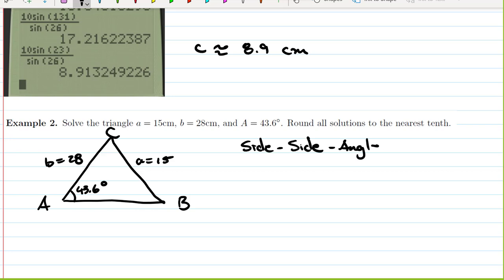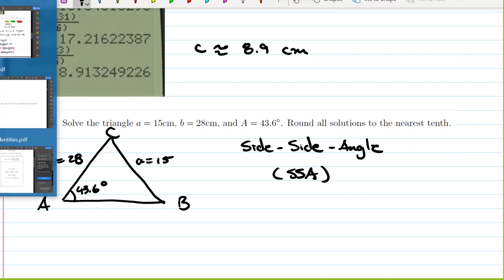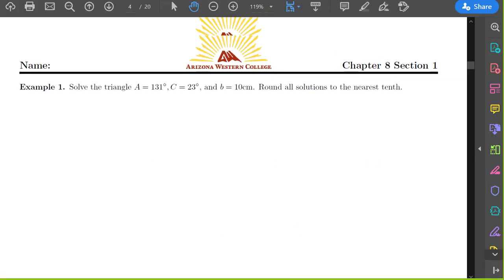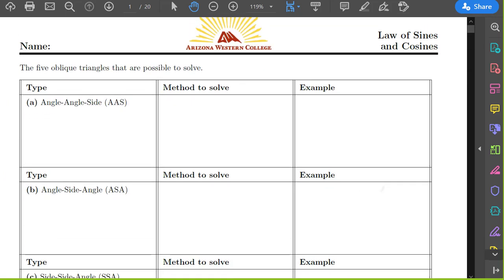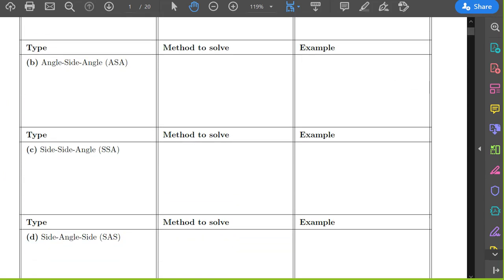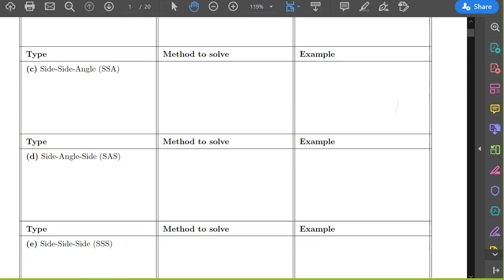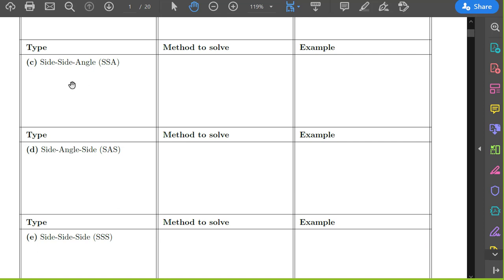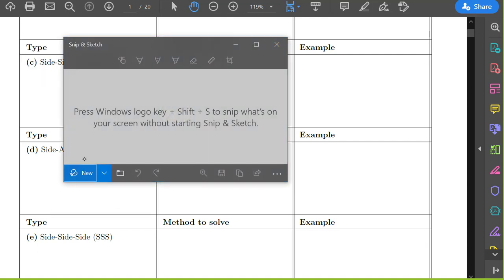In this case, we have a side, side, angle, which we will abbreviate as SSA. We have a side, we don't know the angle in between, so side, side, and angle. If we go look at our sheet here, we have side side angle, which is going to be C in our little chart.